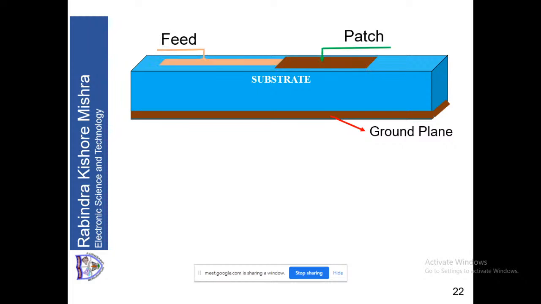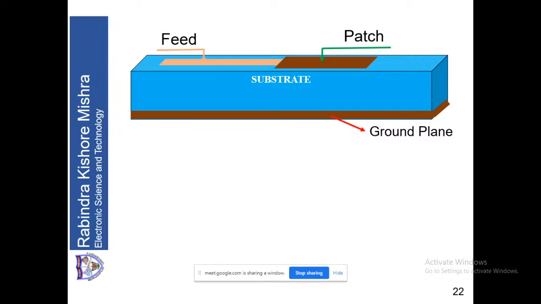Either it is coaxially fed, we give a feed line, or we can give a microstrip line feeding to it. So here I am showing you the total microstrip antenna, which has a ground plane and a patch. In between them, a substrate is sandwiched, and to the patch there is a microstrip line feed.